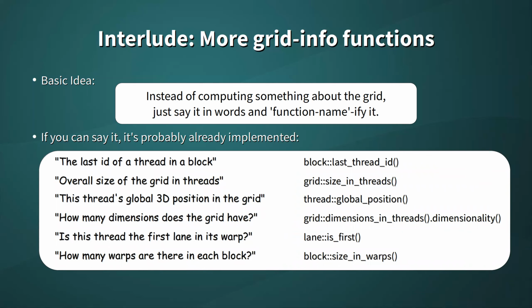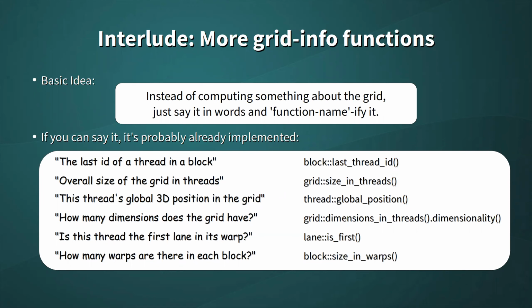If you want the overall size of the grid in threads, okay, it's a grid, so there's the grid sub namespace, and I want the size in threads. If I want the position of the thread globally, then it's global position. It will be a 3-dimensional structure and not just a number like global ID.